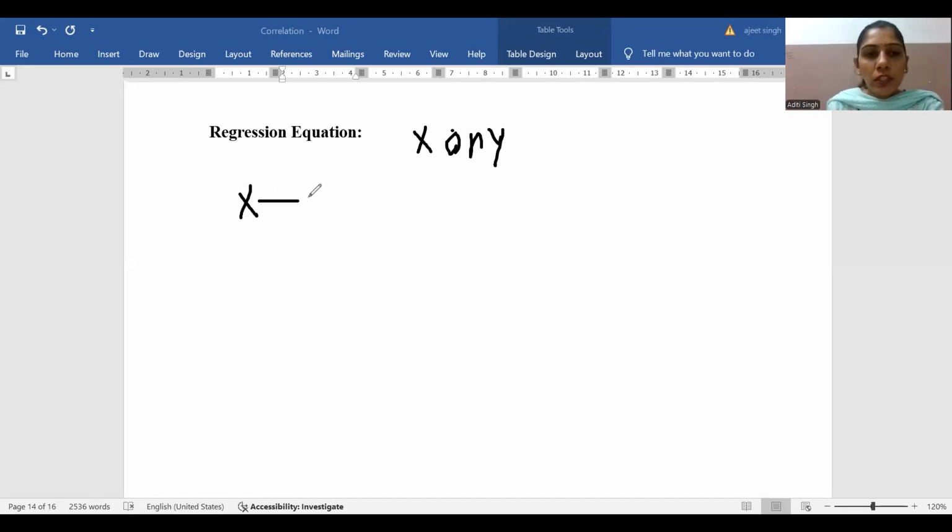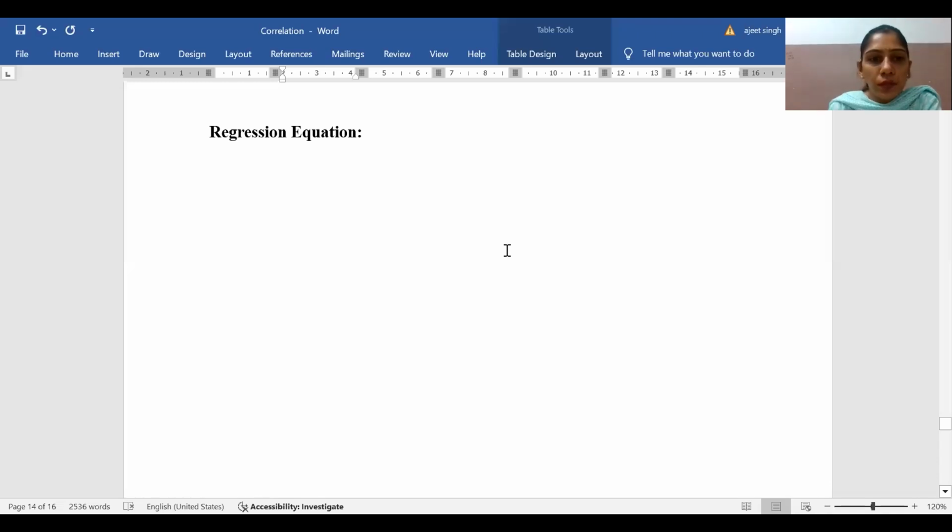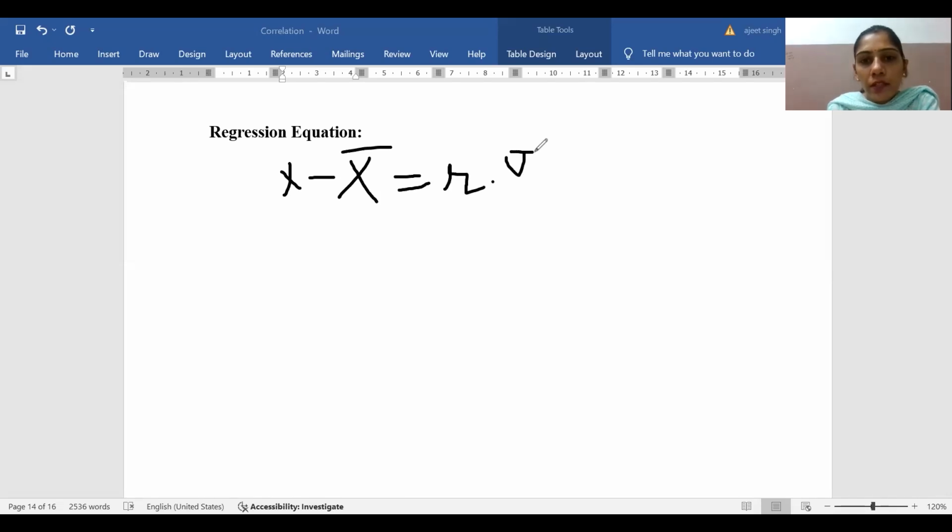So the equation is x minus x bar is equal to r multiplied by sigma x divided by sigma y, bracket y minus y bar.